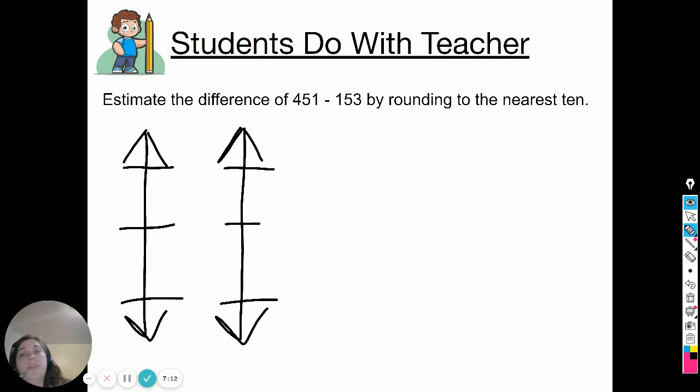First, let's do 451. We're rounding to the nearest 10, so we look in the tens place, and we have 45 tens. So down here at the bottom, 45 tens.